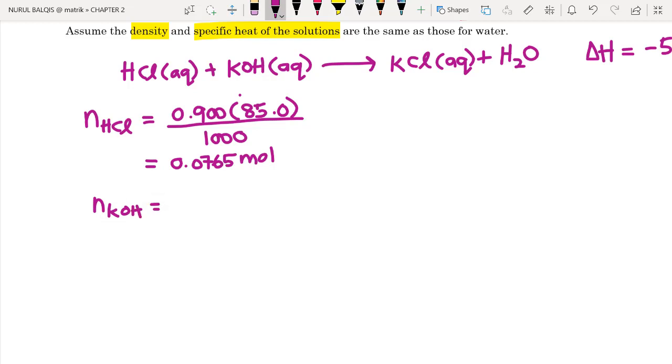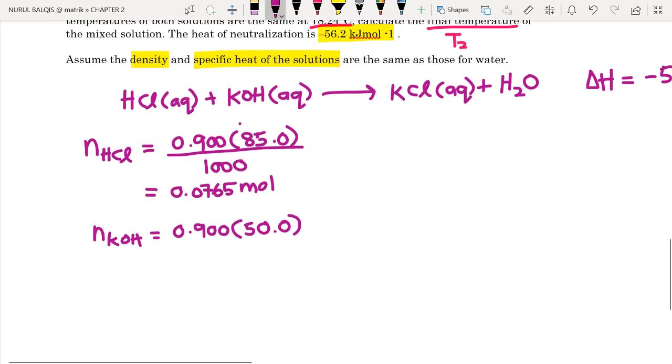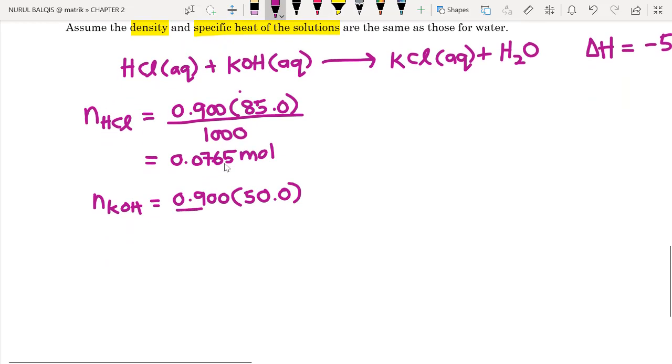It has the same molarity as HCl, but a different volume, which is 50 mL, divided by 1000. Your number of moles for KOH would be 0.045 mole.